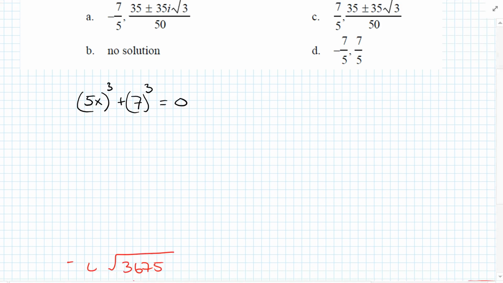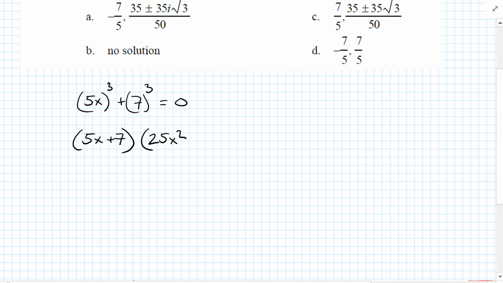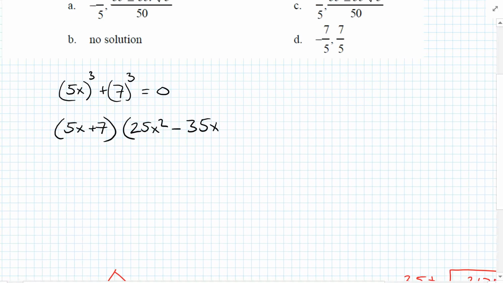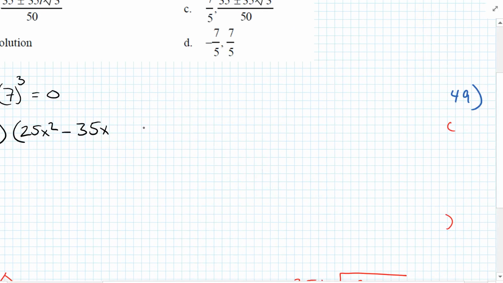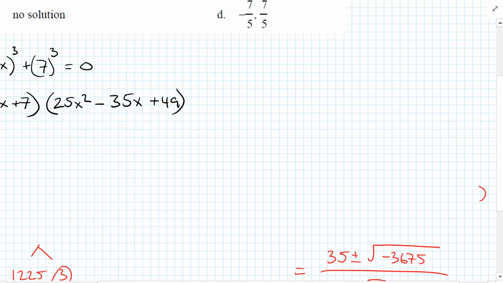So we could rewrite this as, if you remember, 5x plus 7 times 5x squared, so that'd be 25x squared, minus our a times c value, which would be minus 35x plus our last value squared, so plus, dang it, 49. And that's what we got thus far.